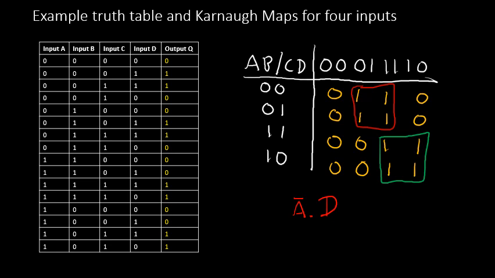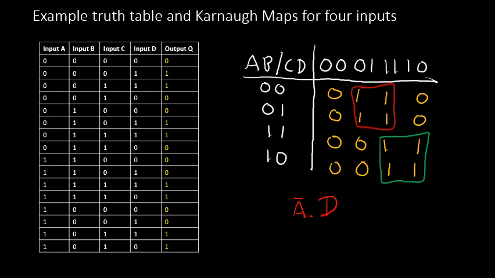And moving to our green box, A is now 1 for our box here. But again, it doesn't matter what B is. And in this case, C is 1 for both cases of this box. Again, it doesn't matter what D is, it could be 1 or 0, it's not going to have an effect.